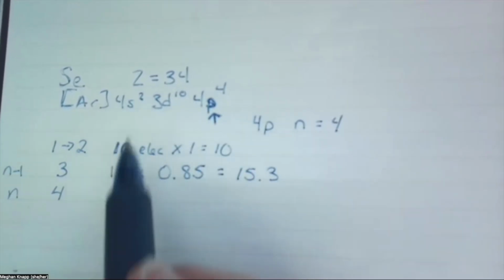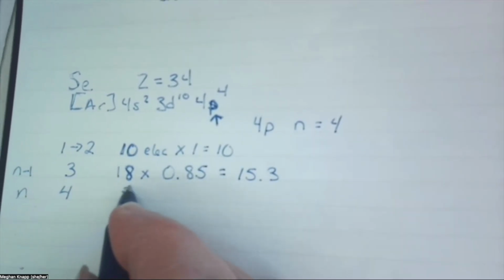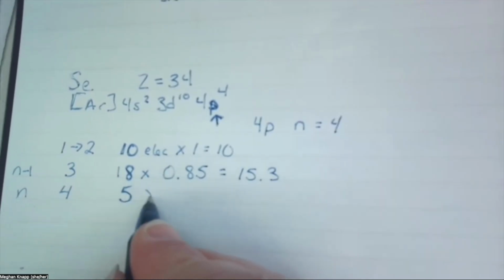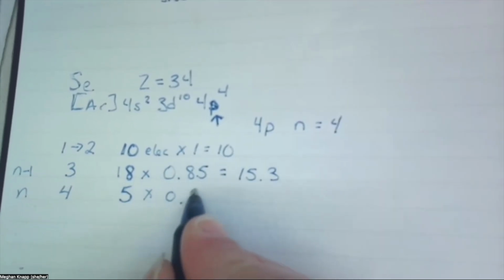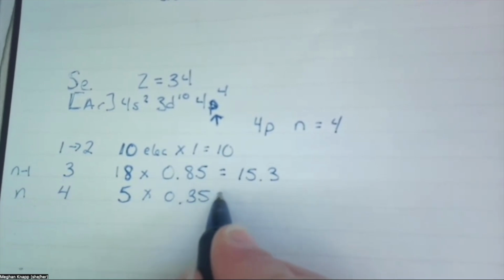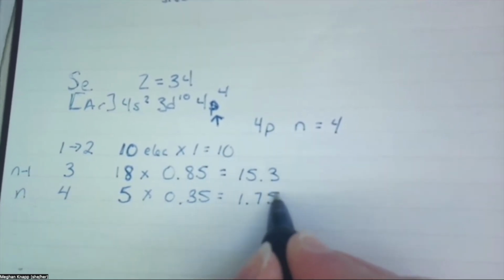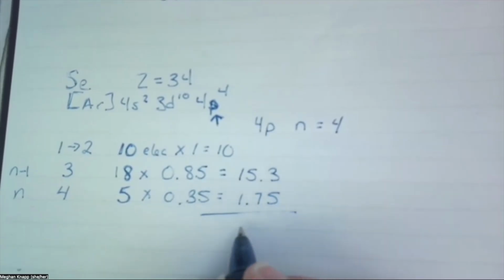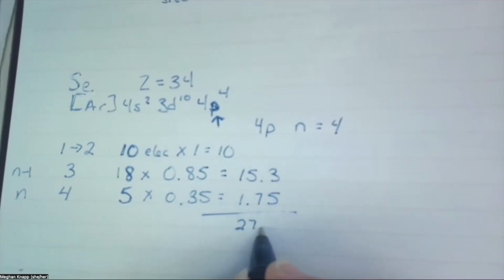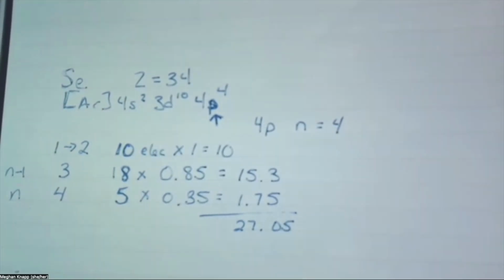So there's 3 plus 2 is 5 electrons in n equals 4 times 0.35. And that is going to give me 1.75. So I add all of those up, and that's going to give me 27.05. You might want to pause and make sure you get that same number.